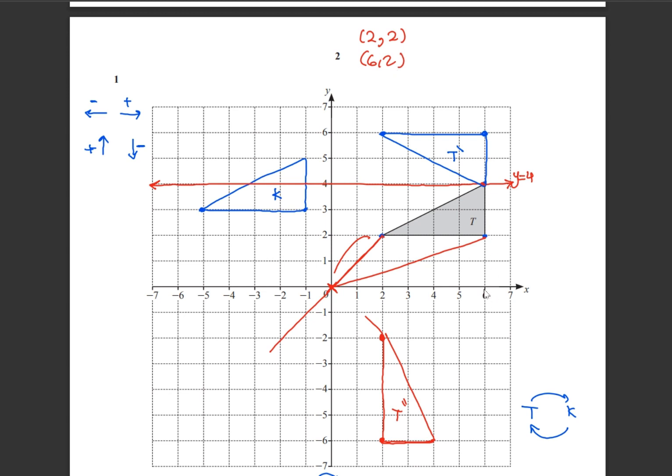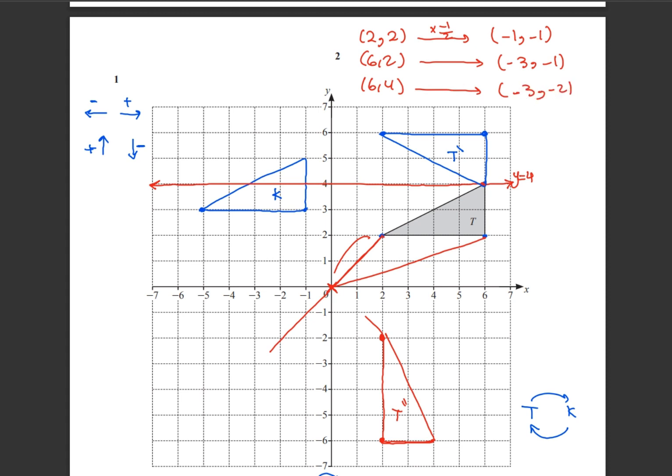Then I have this point, which is 6 and 4. Each point of this, I am going to multiply it by -half, the scale factor. So this will be -1 and -1. This will be negative 3 and negative 1. This will be negative 3 and negative 2.